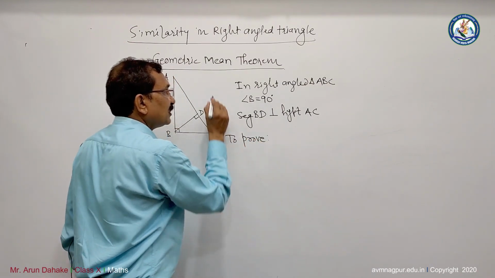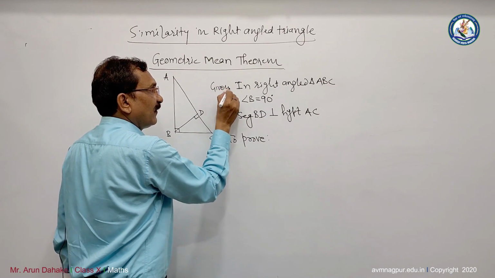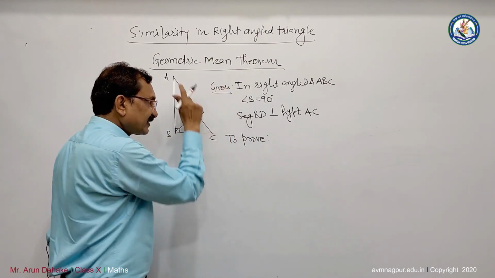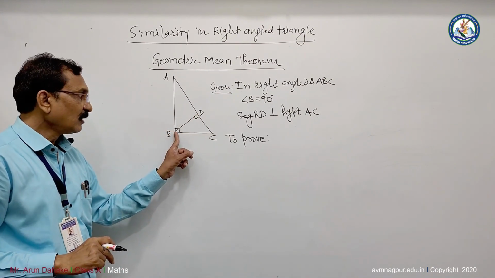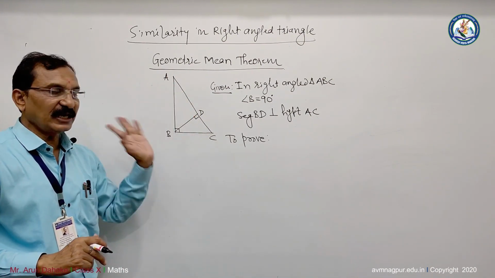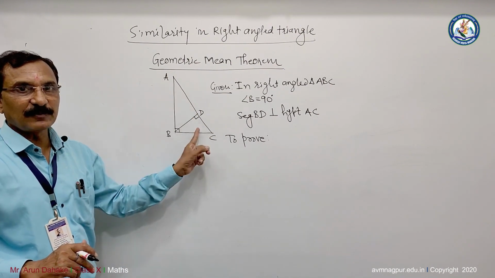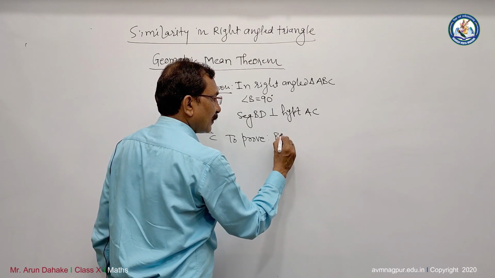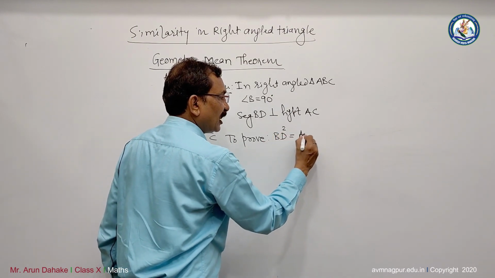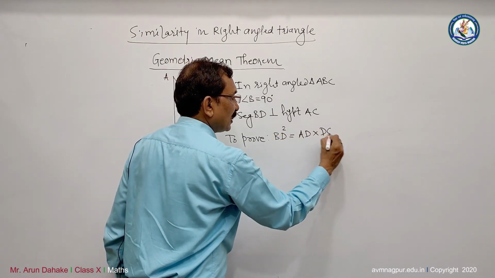Then the result is what? Then to prove. See here, this is given. In a right angle triangle, BD is drawn from the vertex B perpendicular to the hypotenuse AC, then to prove BD square is equal to AD into DC.